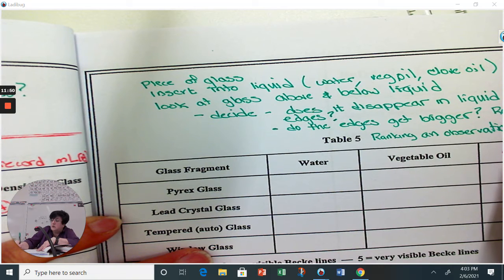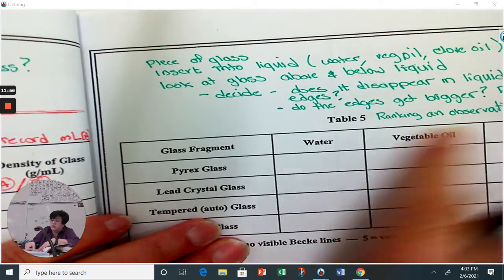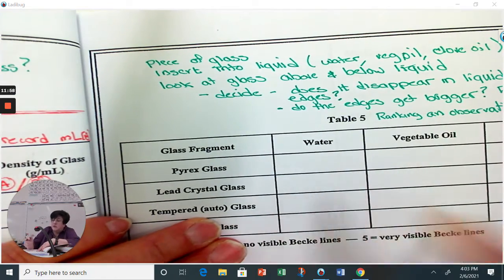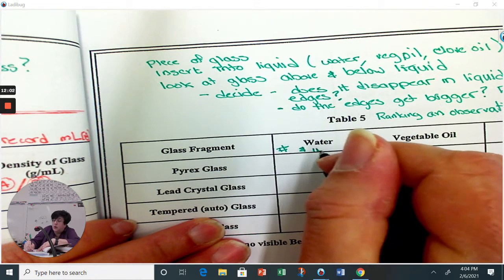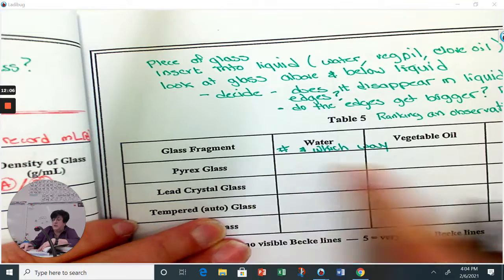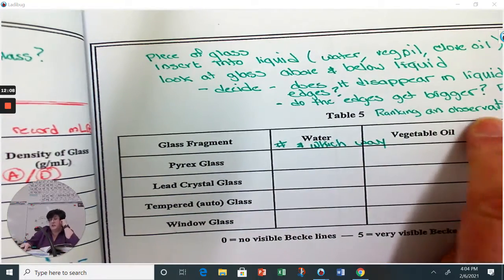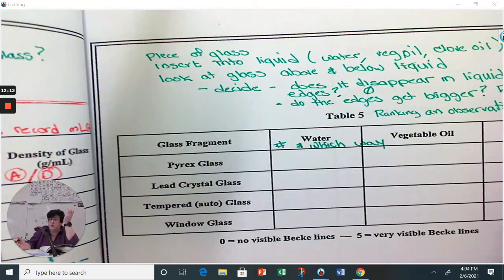A little, a lot. And what you record here in this description is the number and which way, larger or smaller, for each of these. If it's exactly the same and no change, we record a 0, it disappears.